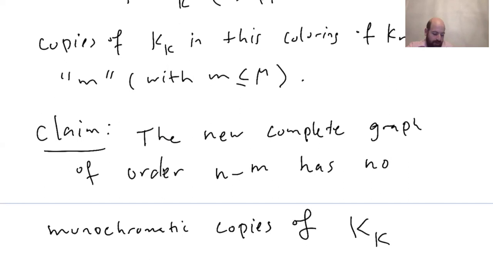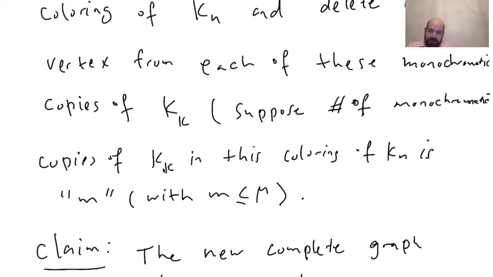Okay, so now Kn had at most m monochromatic copies of Kk. I deleted one vertex from each of those copies to ruin them so that they are no longer monochromatic copies of Kk.